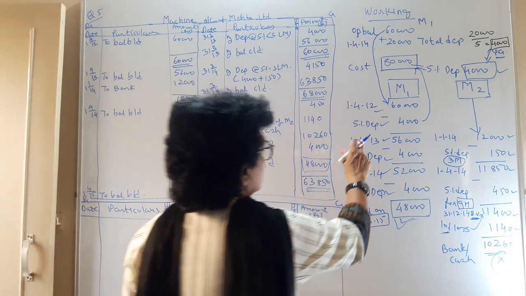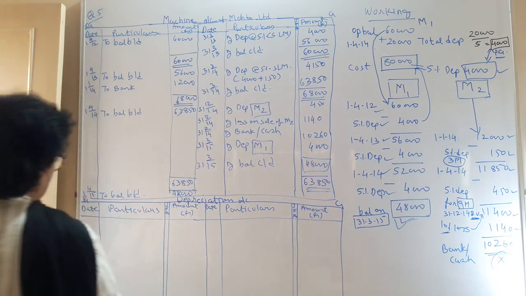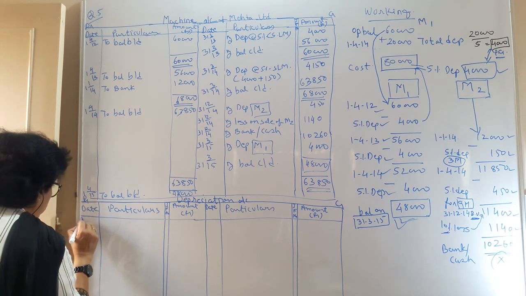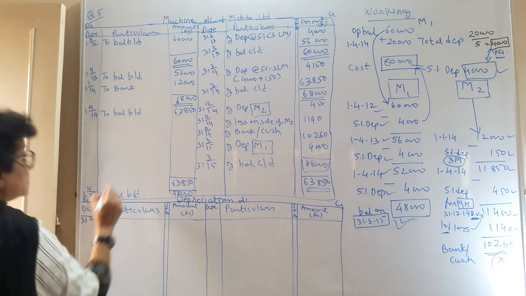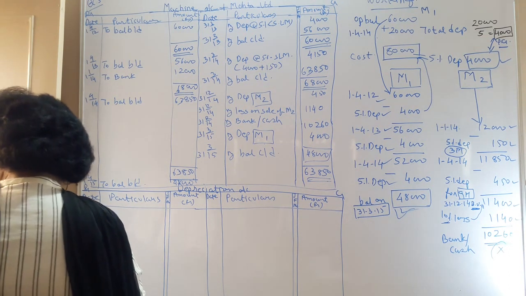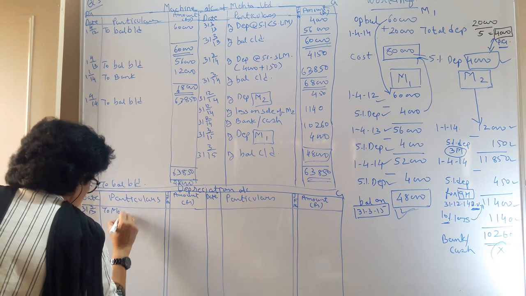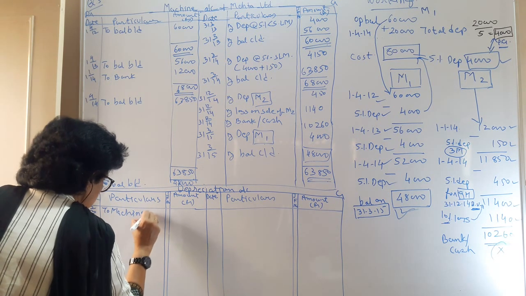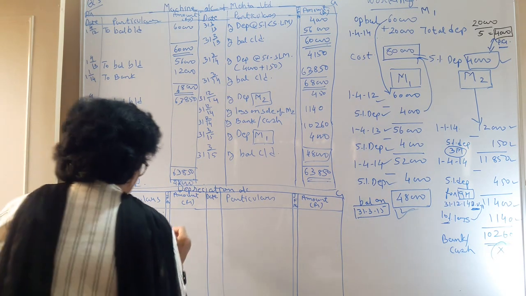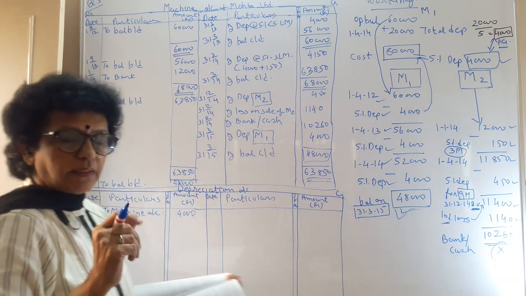So the first year depreciation we have charged 4,000. So on 31st March 13, we have to write to machine account. Machine account 4,000 depreciation we have charged. You remember we used to write the journal entry.